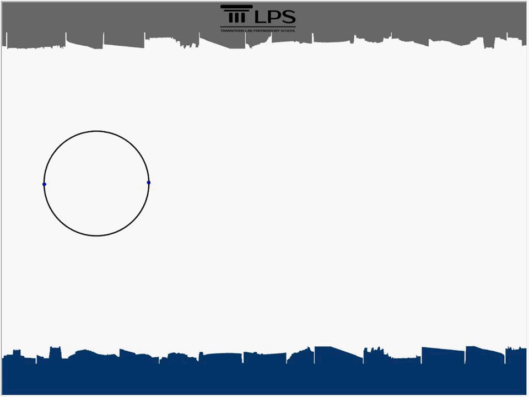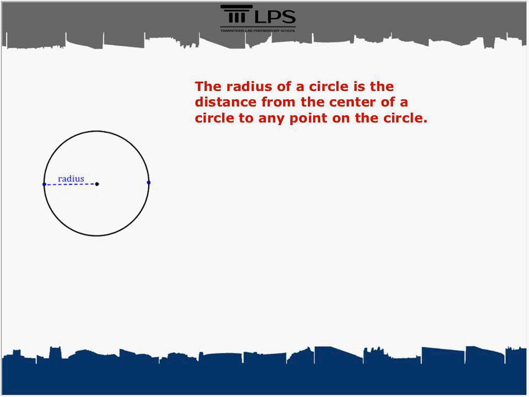Everybody knows that. Aryan, it's not a circle, it's a circle. Okay, radius of the circle. What is the radius of the circle? The radius of a circle is the distance from the center of a circle to any point on the circle.